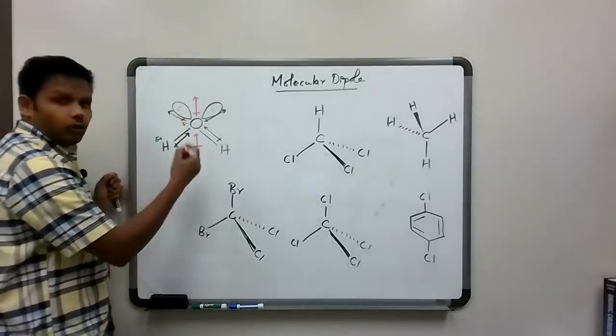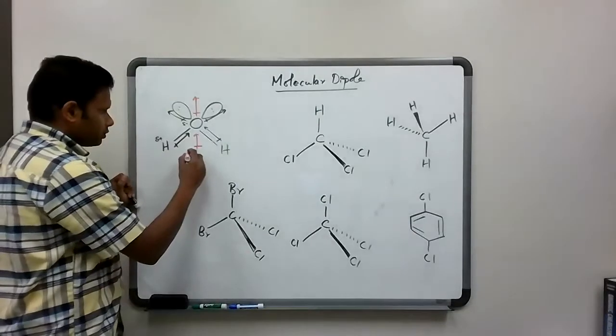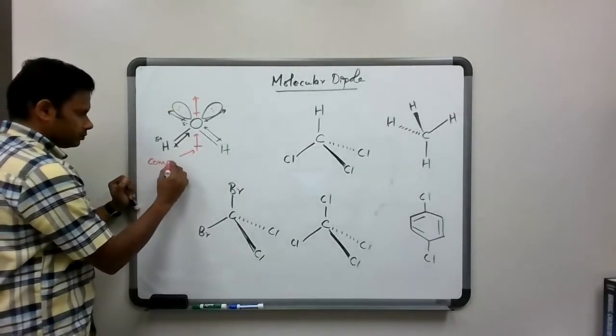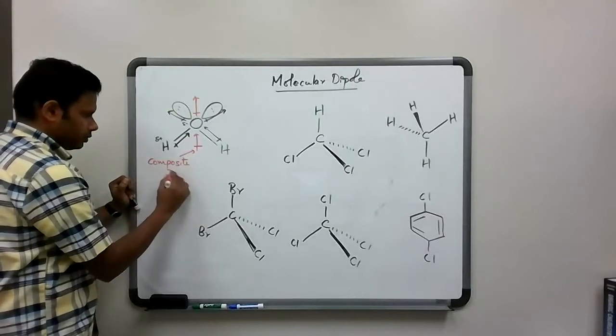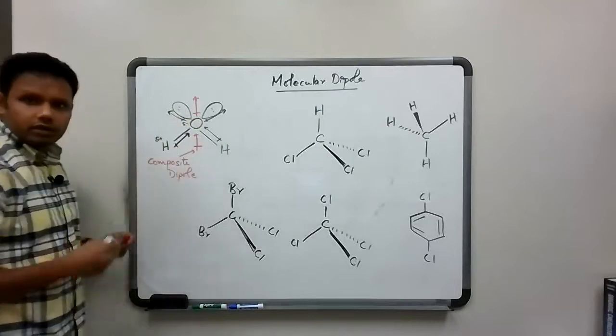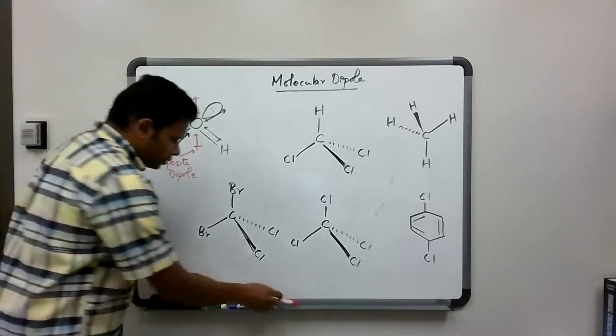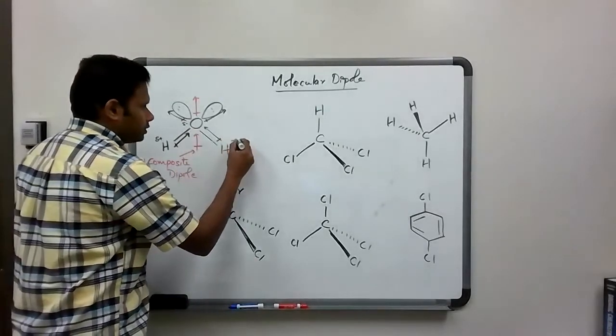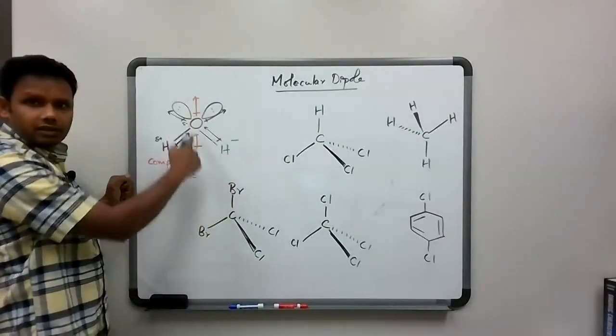So the overall molecular dipole is a composite dipole. That's what I've drawn in red. The overall molecular dipole now is going to be the vector sum of these two.